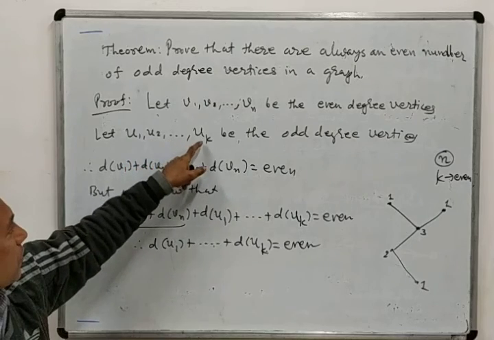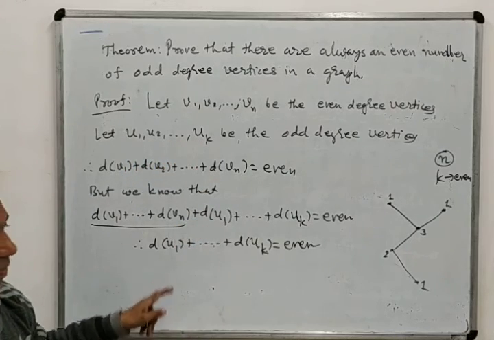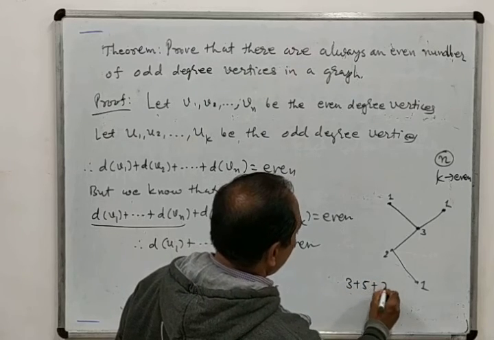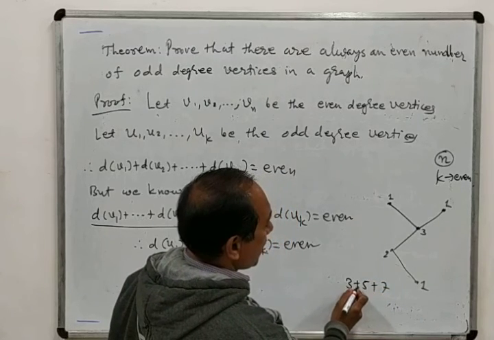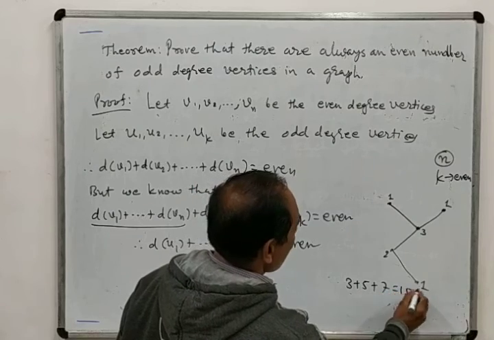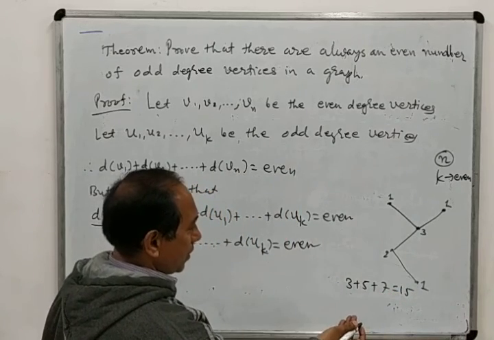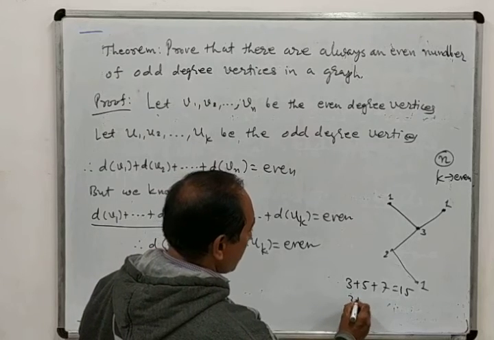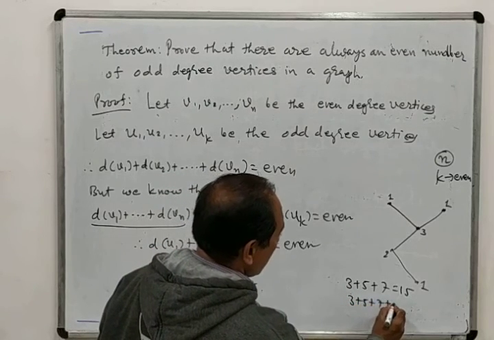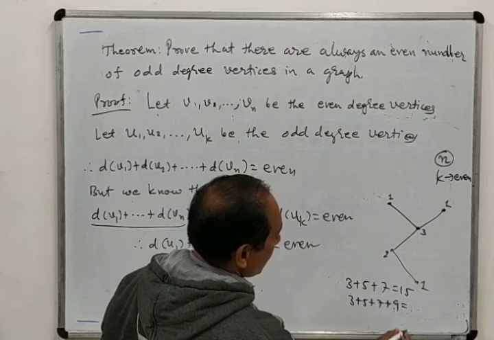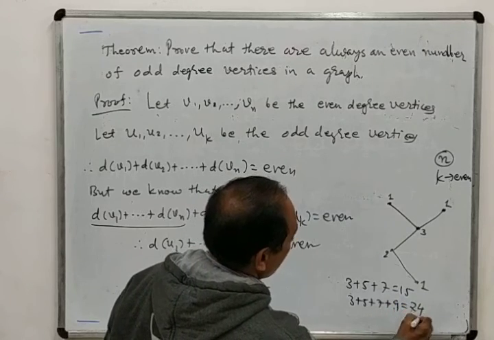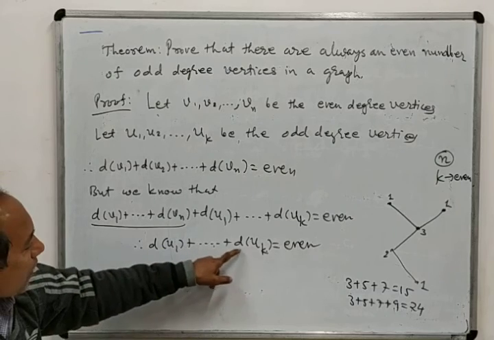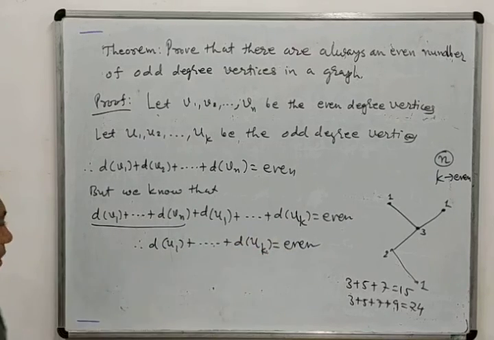If there are 3 vertices of odd degree, suppose 3 plus 5 plus 7, then what will happen? 5 plus 3 is 8, 8 plus 7 is 15. It is an odd number, it is not even. So if it is an even number of vertices, suppose 3 plus 5 plus 7 and another one, say 9, what will happen? The total is 24. So all are having odd degree and that total is even.